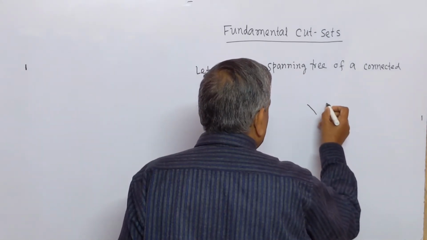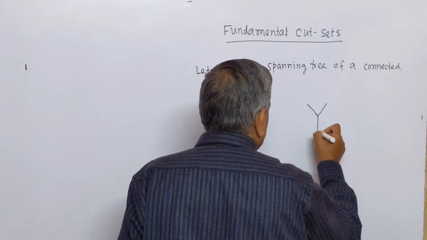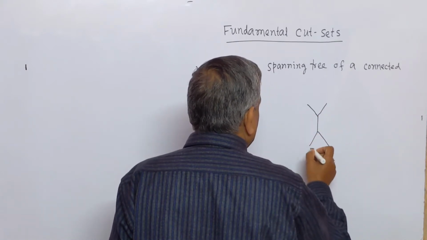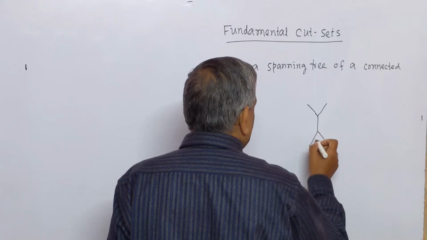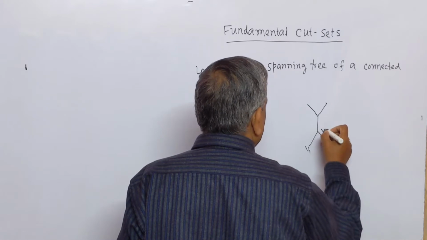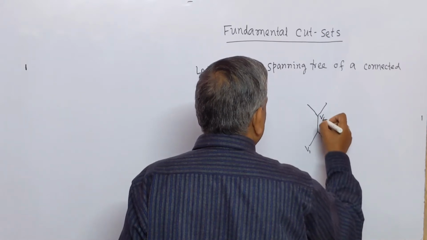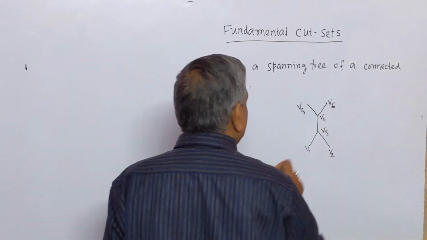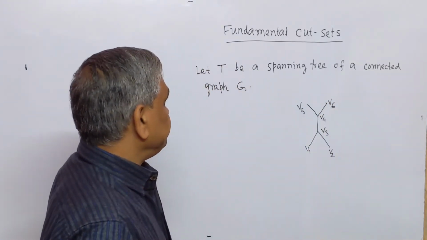Let this is a tree, and V1, V2, V3, V4, V5, V6 be its vertices.